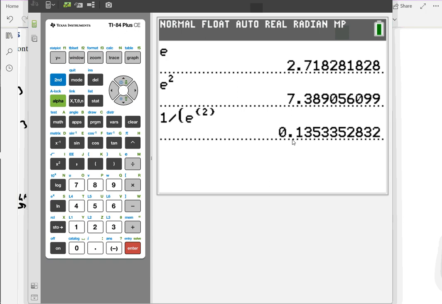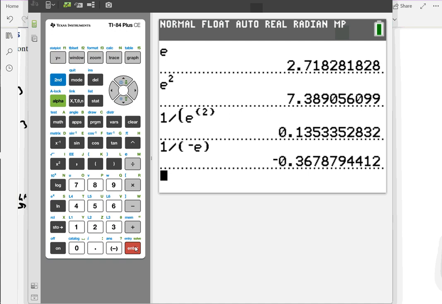Negative 0.14, and then negative 1 over e. So let me take 1 divided by negative e. So that's going to end up being about negative 0.37.